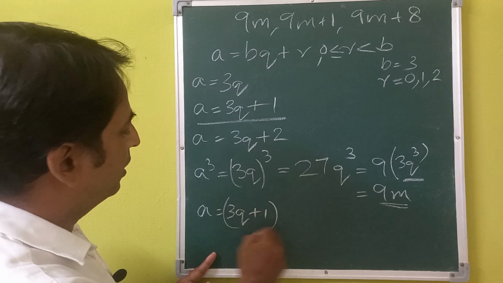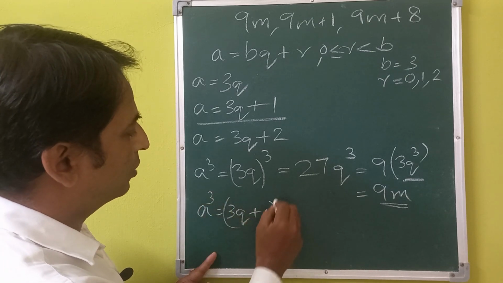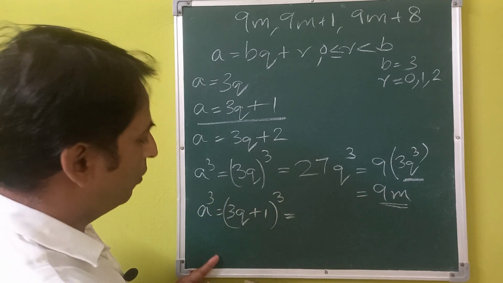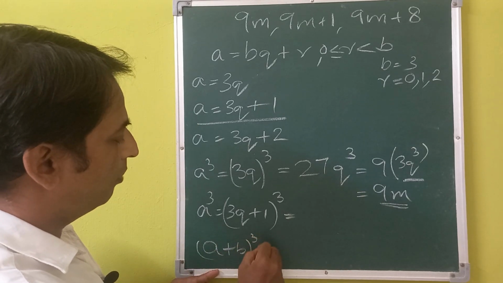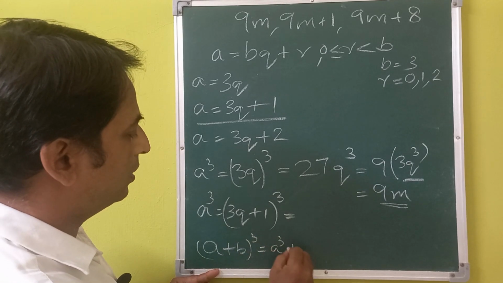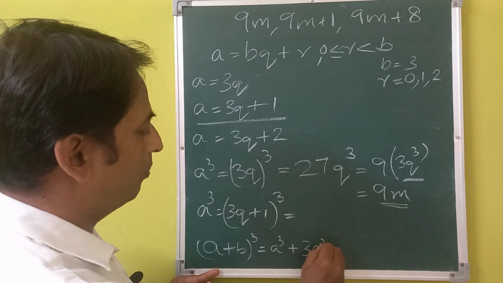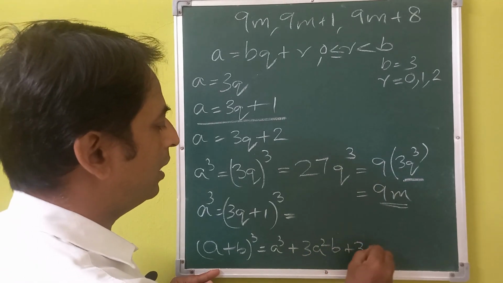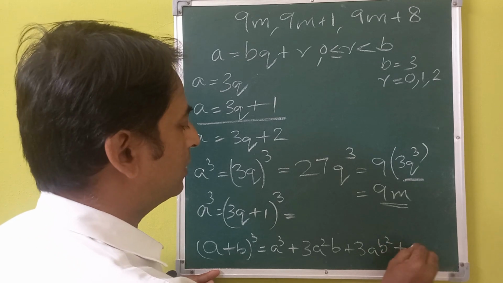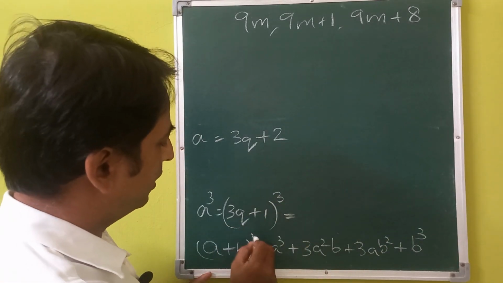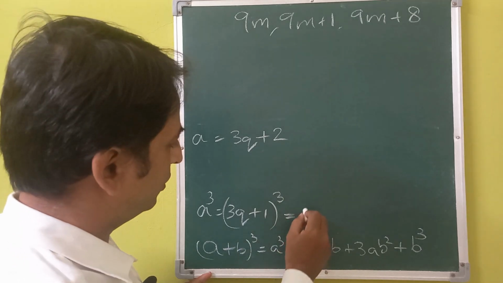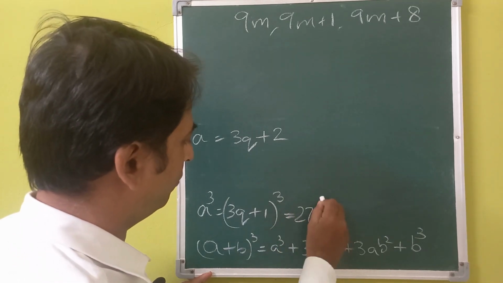If we cube it, a cube will be equal to 3q plus 1 the whole cube. We will use the identity a plus b whole cube will be equal to a cube plus 3a square b plus 3ab square plus b cube. 3q plus 1 whole cube will be 3q the whole cube, which will be 27q cubed.